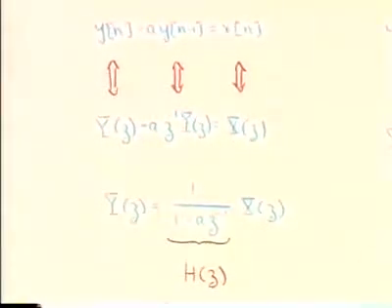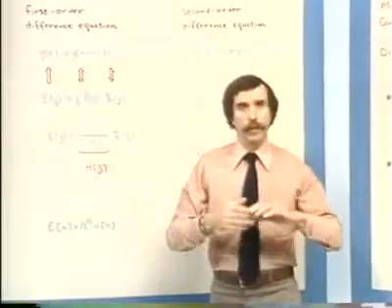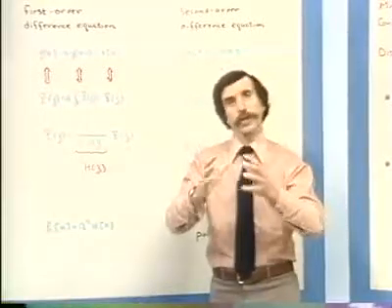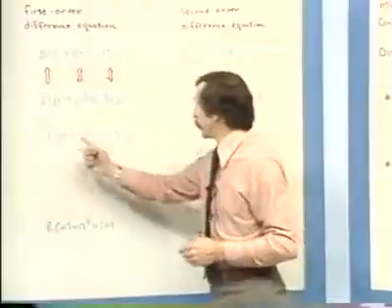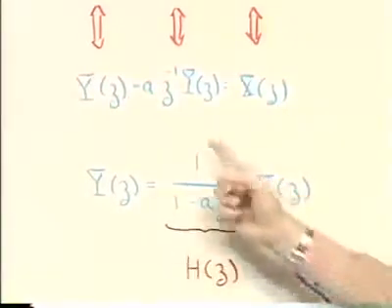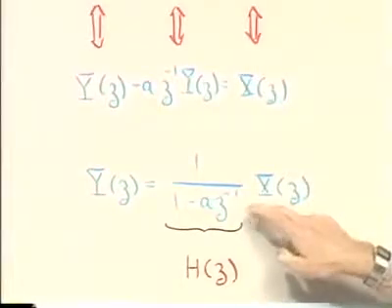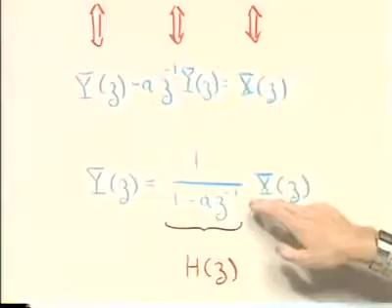Now, what we know from the convolution property is that for a system, the z-transform of the output is the system function times the z-transform of the input. So this factor that we have must correspond to the system function, or equivalently, the z-transform of the impulse response of the system.